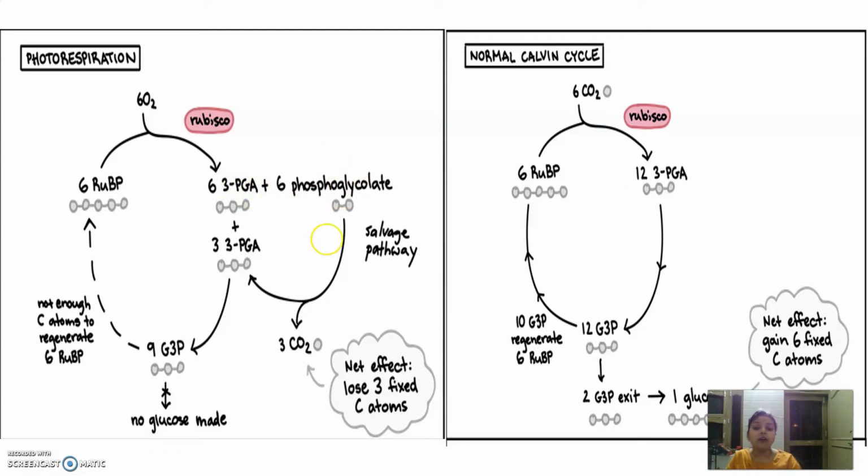So, out of the 4 carbon atoms, 3 carbon atoms can be recovered through a series of reactions, forming 1 molecule of 3-PGA, and 2 carbons will be wasted as carbon dioxide.